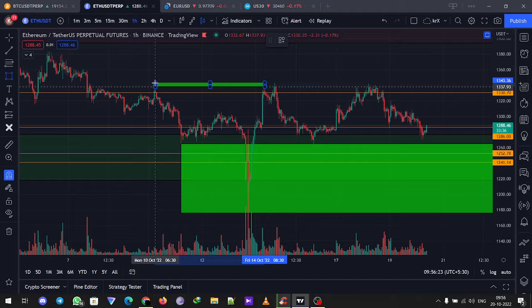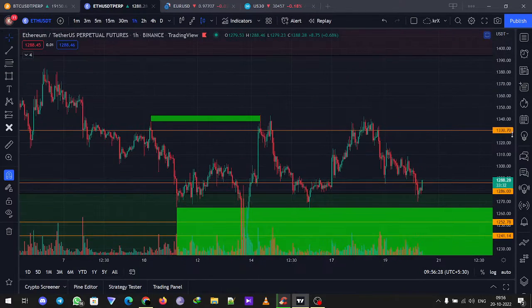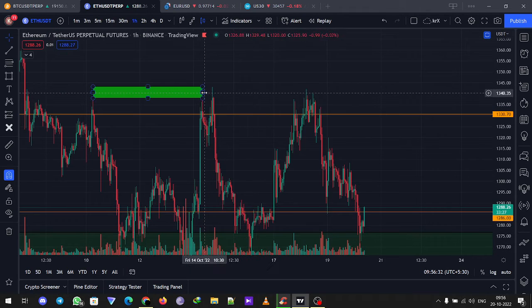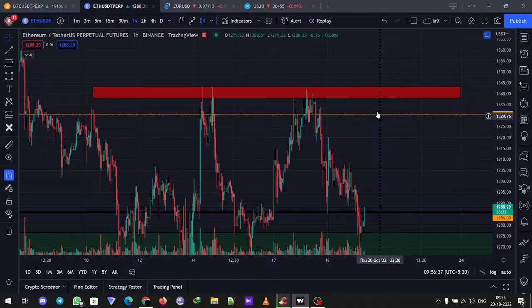So this is our new level where we mark the zones, extend it and color the zone red, because we are going to sell from around this level.